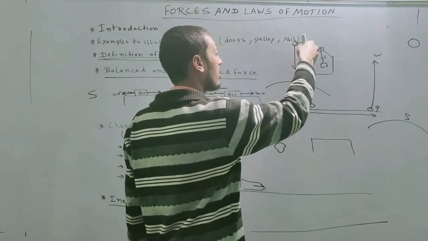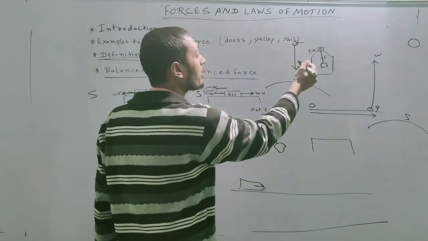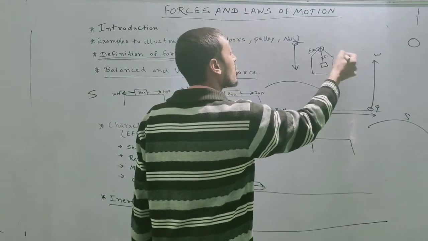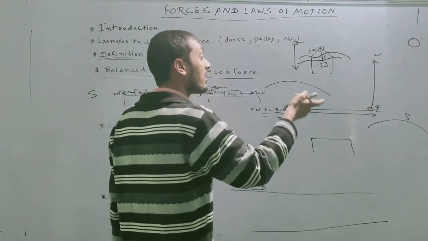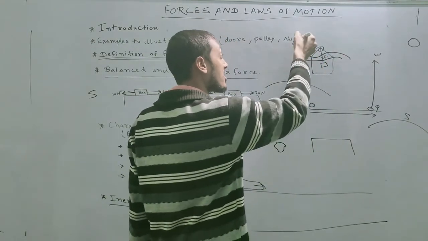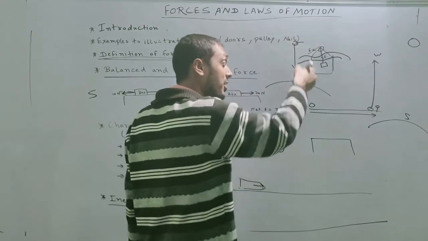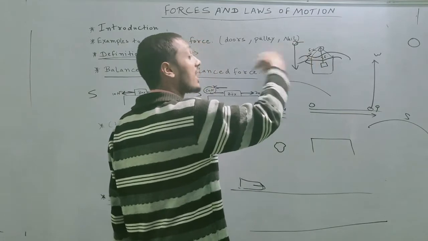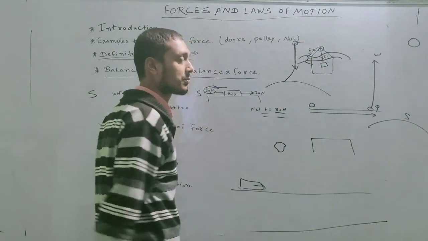For example, this stone is falling and suddenly some strong winds start blowing. Can you think that this stone will remain traveling in a straight path? No. This force by wind will change its direction. It may come like this.